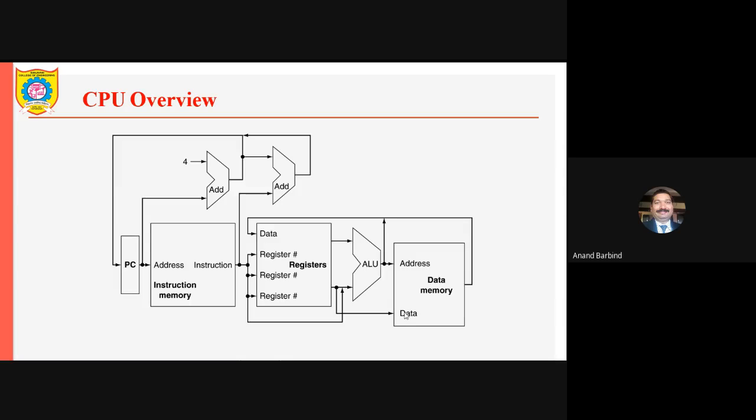Then the data memory may receive data which is required to be stored into it. So the purpose of the data memory is either to store data, so when a write operation is performed, data is stored into the memory. The other operation that can be performed on the data memory is the read operation.